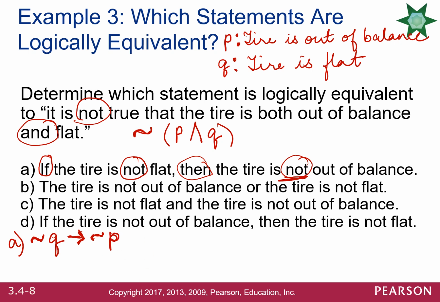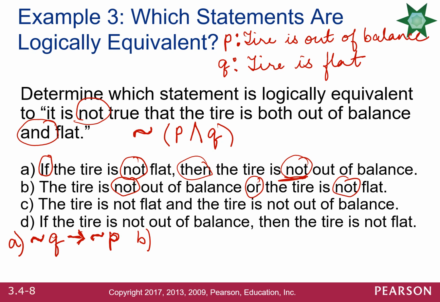All right? Then we have part B, the second sentence, which says the tire is not out of balance or the tire is not flat. So this is not a conditional statement, but let's look at the different statements this has. So we have a not in this statement, and then we have an or, and then we have another not after the or, correct?